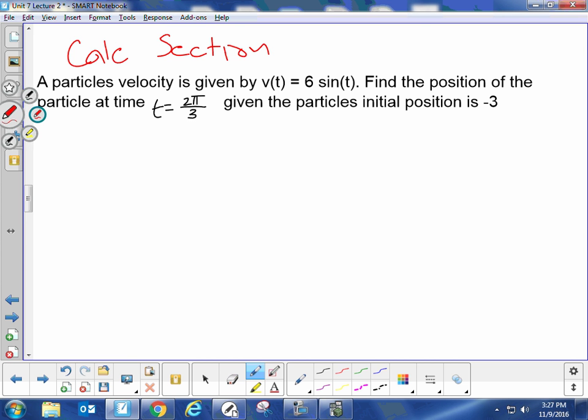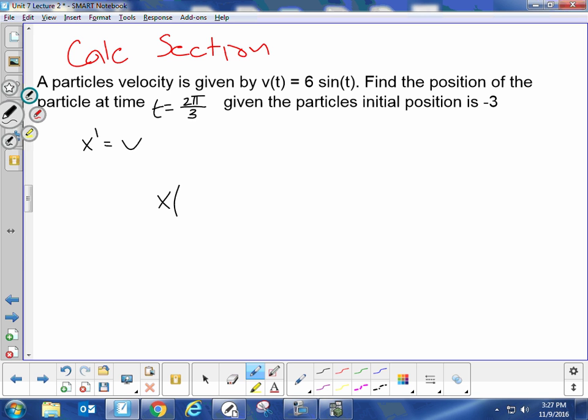But if you have velocity and you want to find a position at a specific time, well, we know that if you took the derivative of position, that gives you velocity. I know that x prime is v.